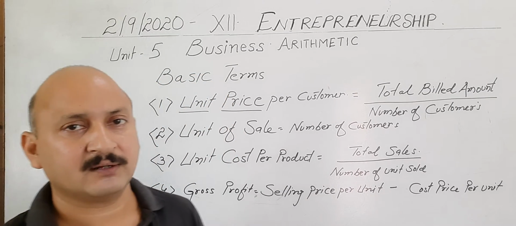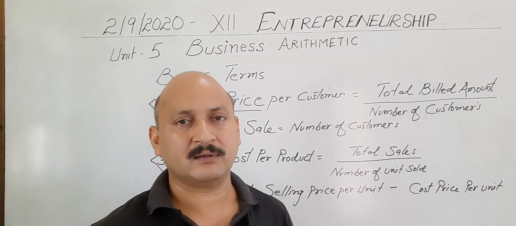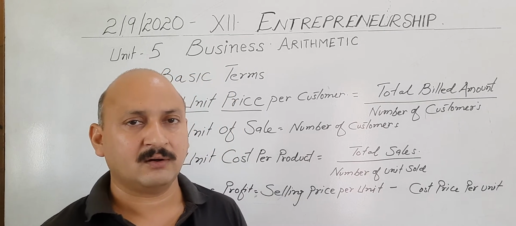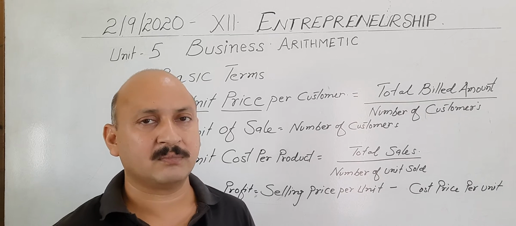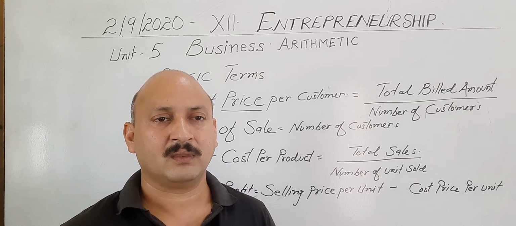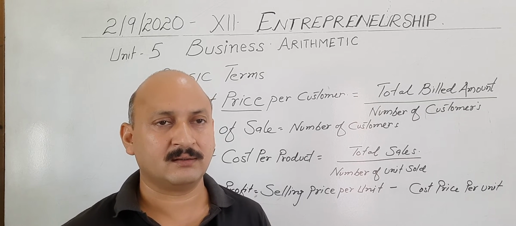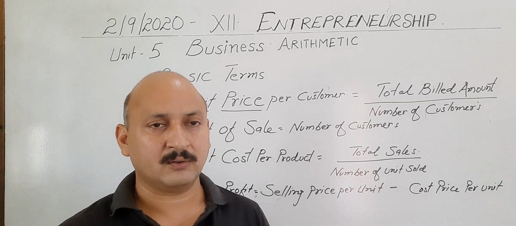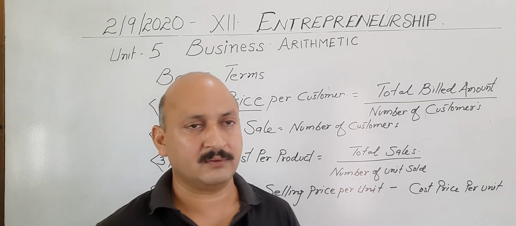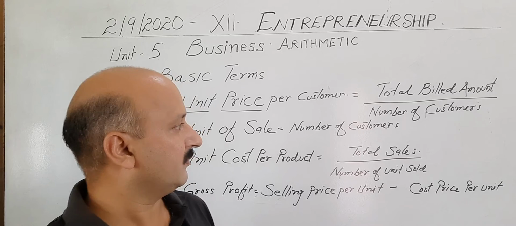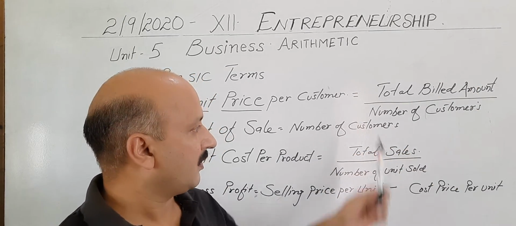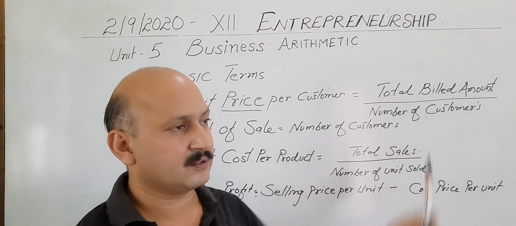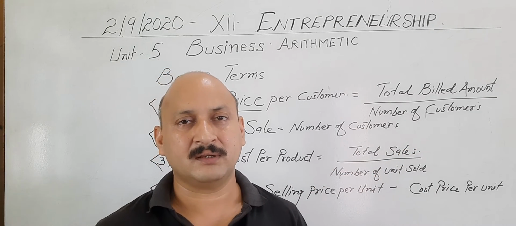Total billed amount here means, suppose an organization has a sale of a particular product or multiple products during the whole day, then the total amount of sold goods will be known as total billed amount, upon number of customers, how many customers purchase their product.